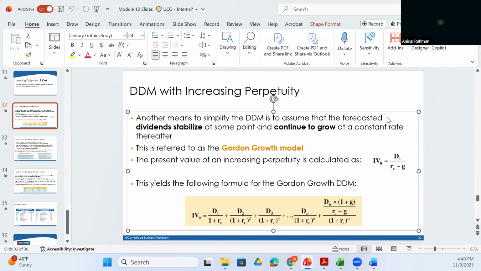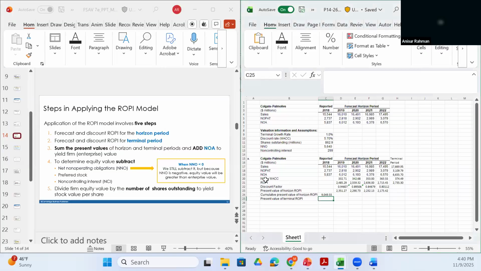So in our case, our ROPI, terminal ROPI, is this one. So if we consider this as year 1, our present value will be actually 1 year before, right? So it will stand at the end of year 2022.